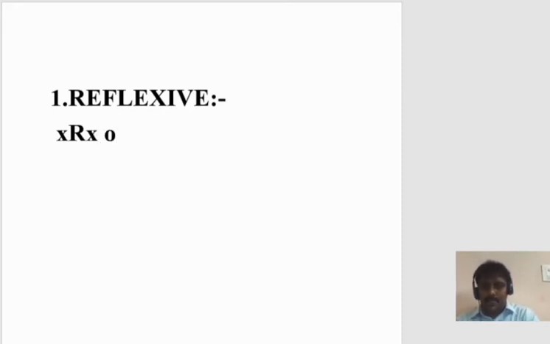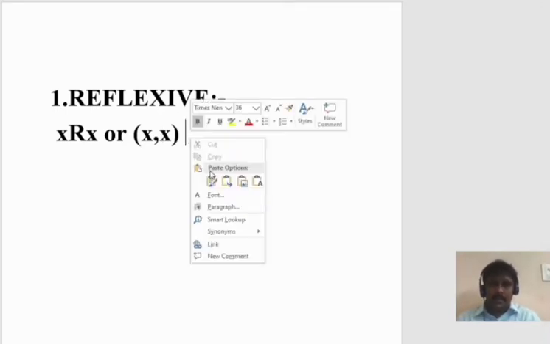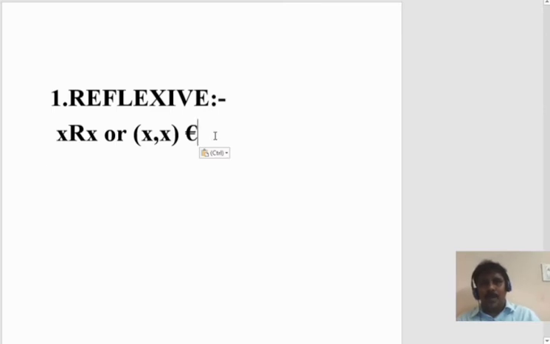Or we can simply say that (x, x) belongs to R, then this property is called reflexive property. Reflexive means reflection. If we see our face in a mirror, again we see our face. So x is related to x, or (x, x) belongs to R.